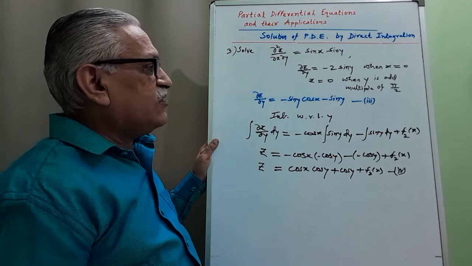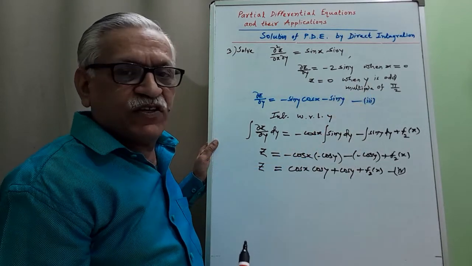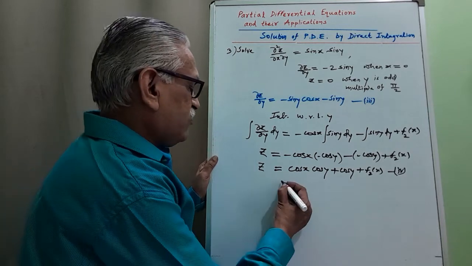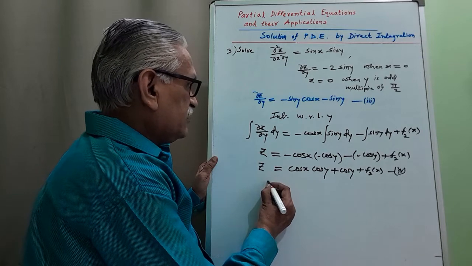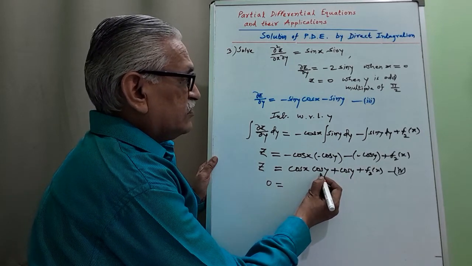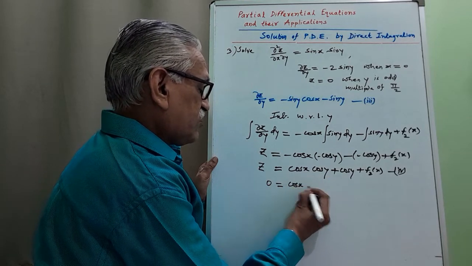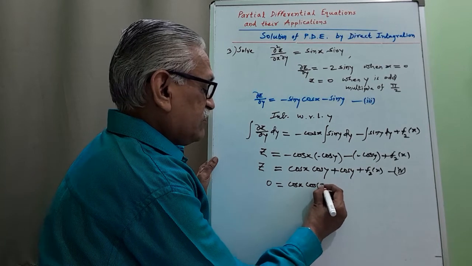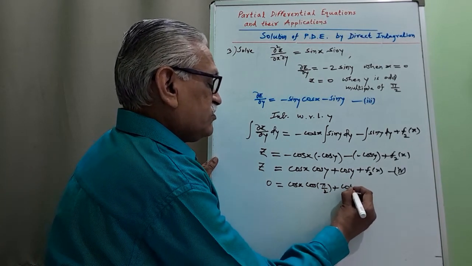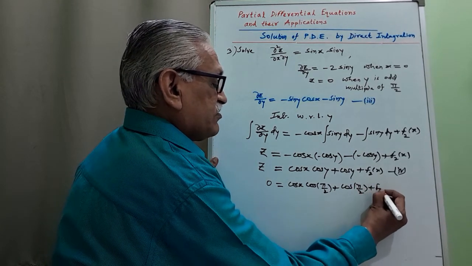And then we use this condition: when y is an odd multiple of pi by 2. Means first we consider the value as pi by 2. For y is equal to pi by 2, we get z is equal to 0, cos x into cos of pi by 2 plus cos pi by 2 plus f2 of x.